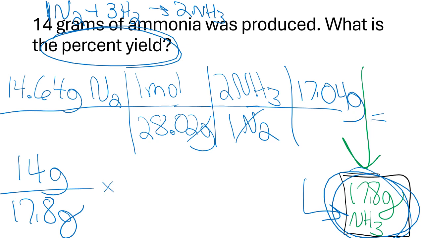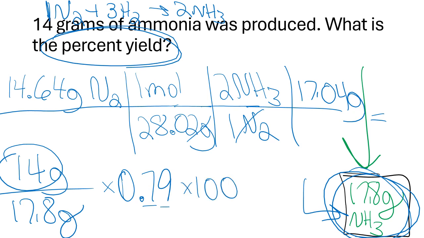So anyways, here, if we divide those, 14, what we make, over what we should make, we get 0.79, and that's because of 2 sig figs, times 100, and we get 79%. So it's 79% yield.